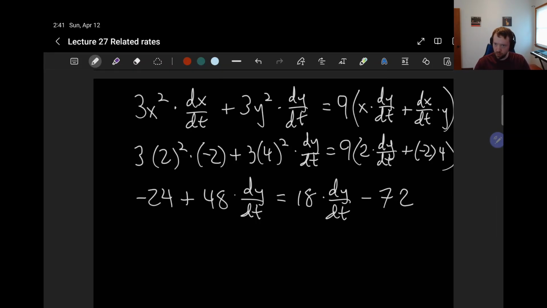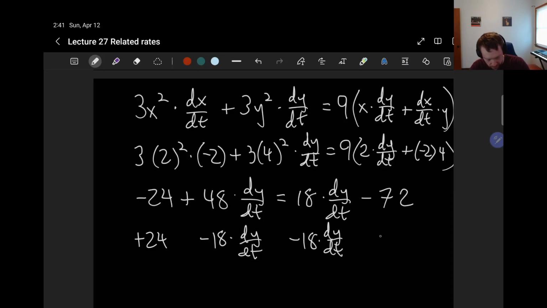We want the dy/dt terms together and everything else on the other side. So I'm going to subtract the 18 dy/dt from both sides, and add 24 to both sides.